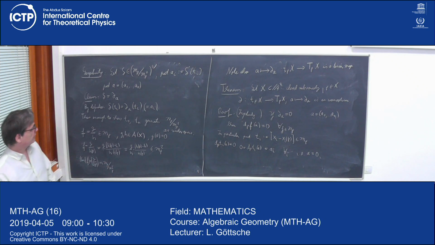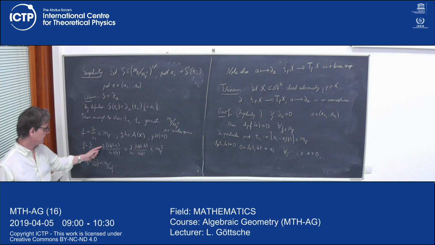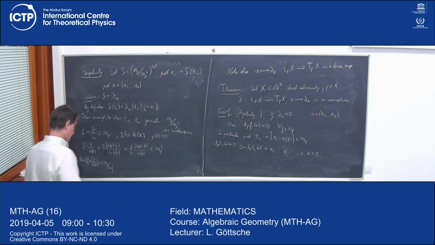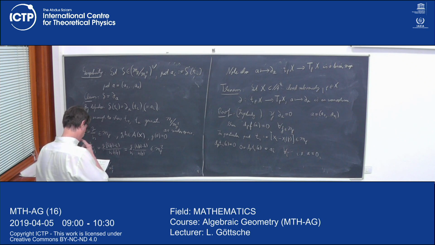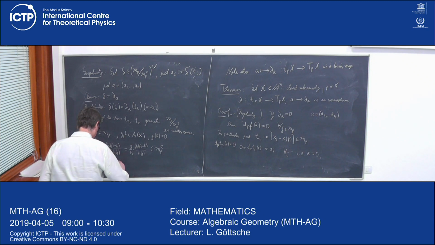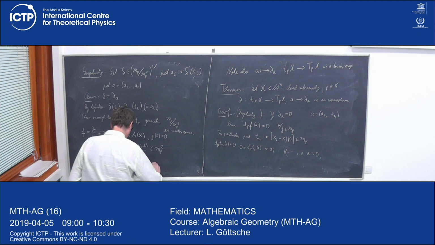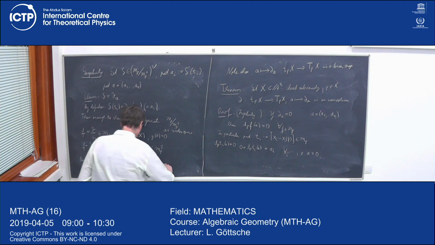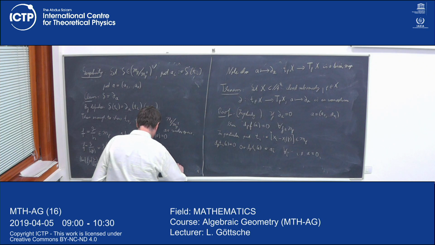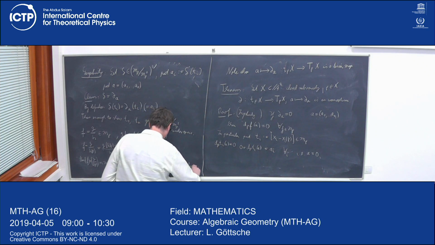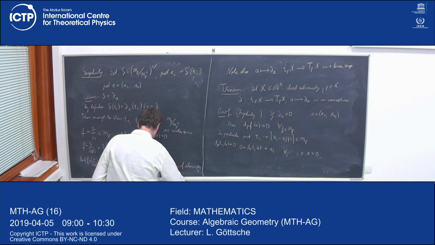So therefore, if we take a general element in MP modulo MP squared, we can assume it's the class of an element in AX. So thus, MP modulo MP squared is generated by classes of elements in AX.